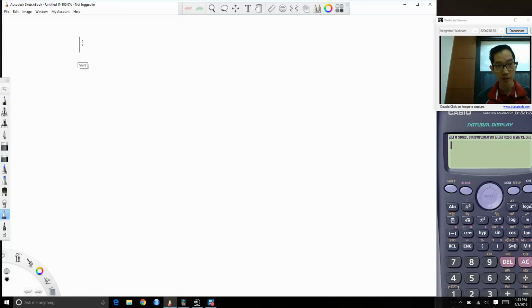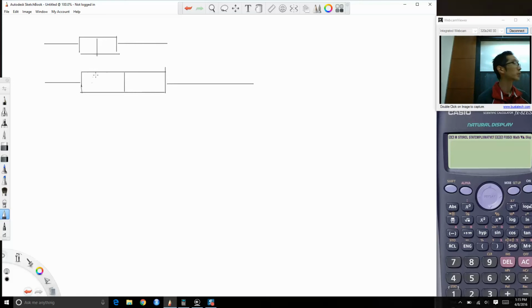So if you have one box plot that looks like this, and then another box plot that looks like this, we can see that the minimum and Q1 are in about the same location.